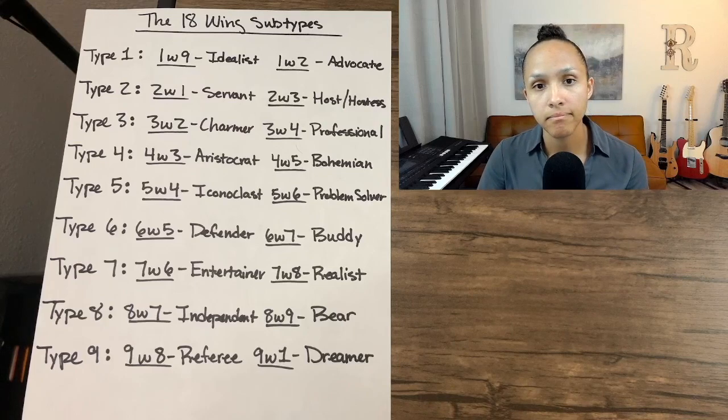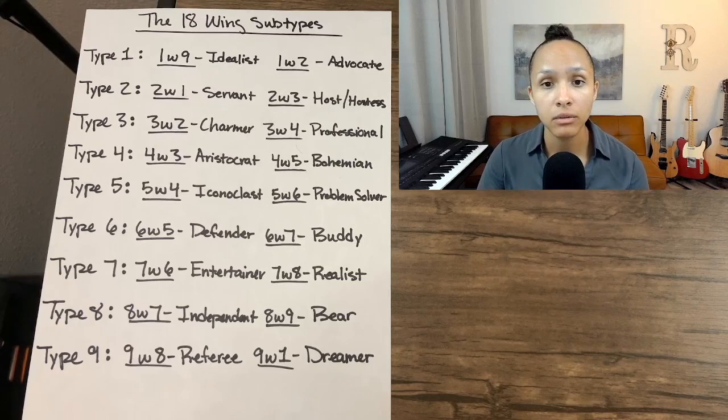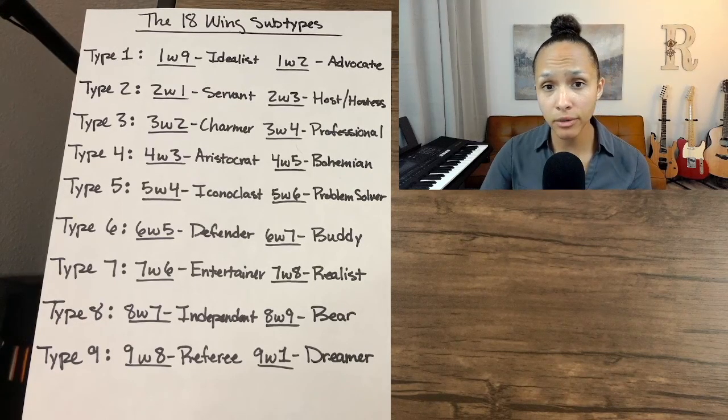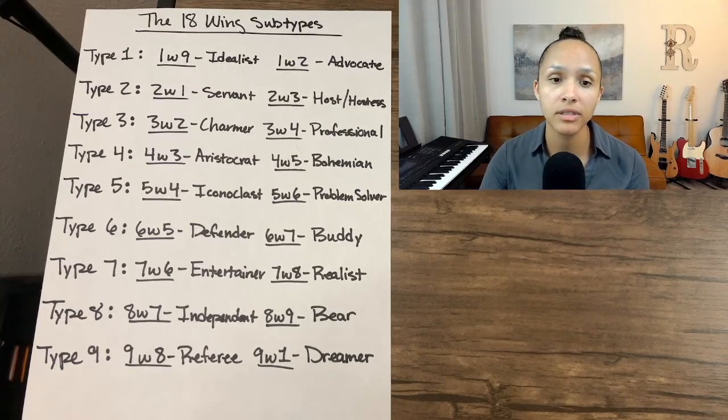In comparison, I would say, to the 2-wing 3. So getting into the 2-wing 3, 2-wing 3 is called the host or the hostess. As I mentioned before, this is my core type, so I could probably go on and on about it.